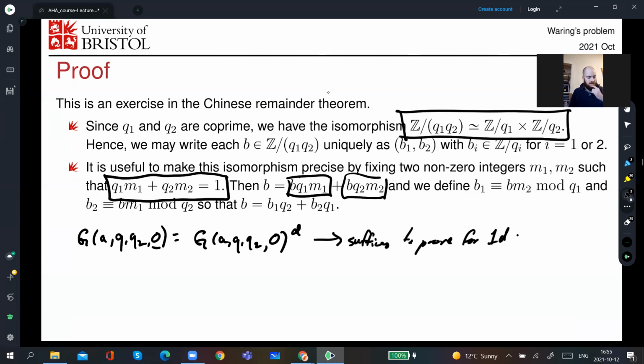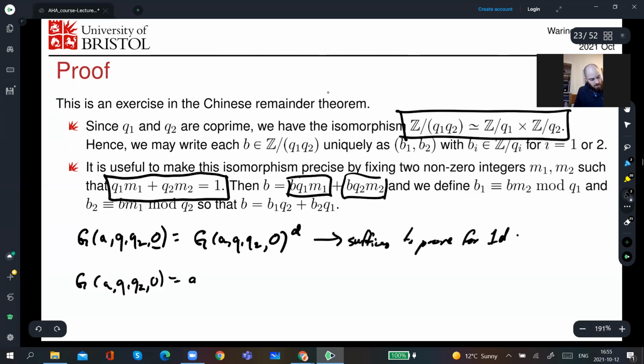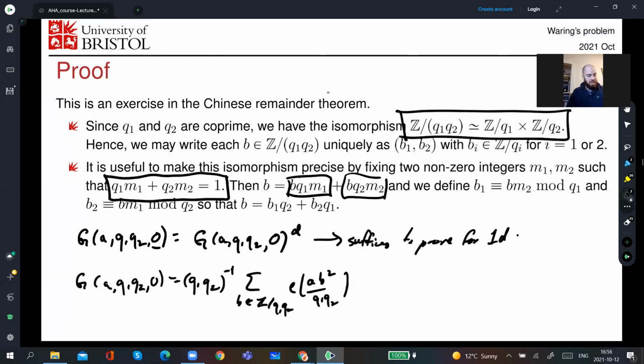Great. Now let's do that. Remember that G of A Q1 Q2 of 0 is Q1 Q2 inverse, it's normalized, times the sum of B in Z mod Q1 Q2 of E of A B squared over Q1 Q2. I'll plug in my formula for B right here.